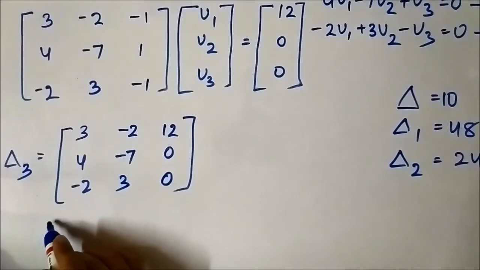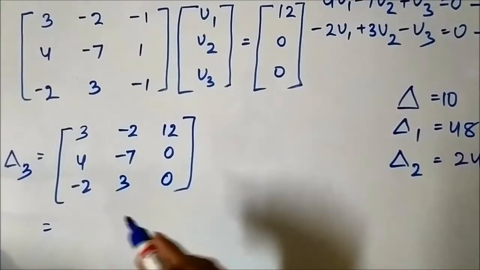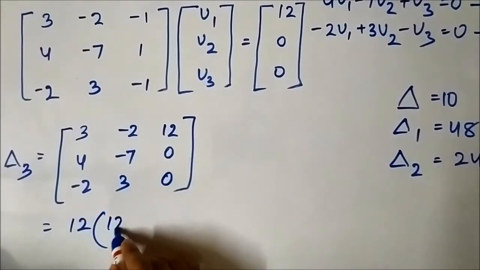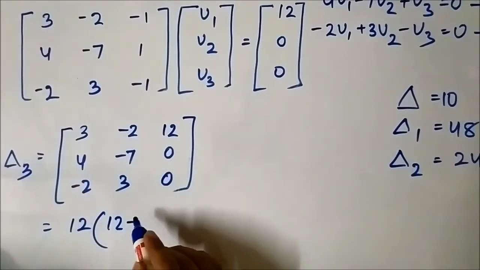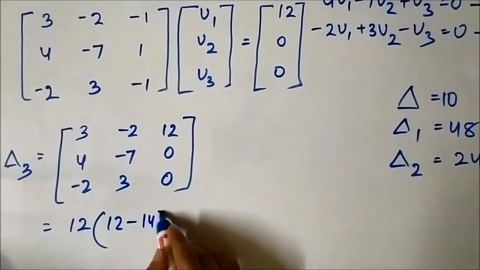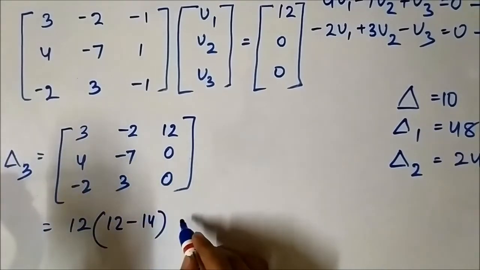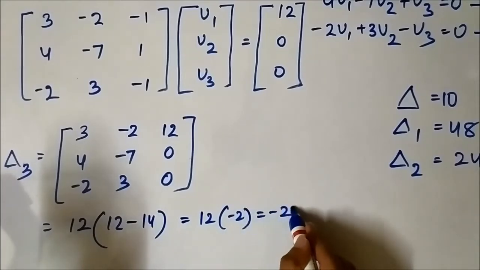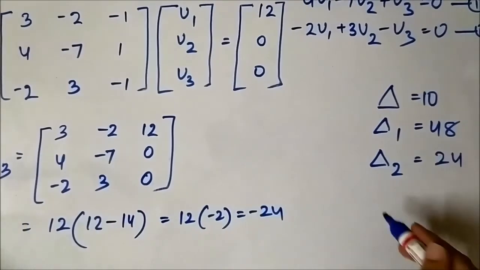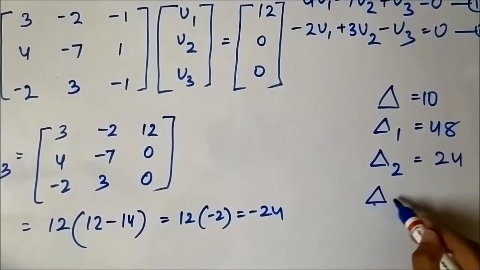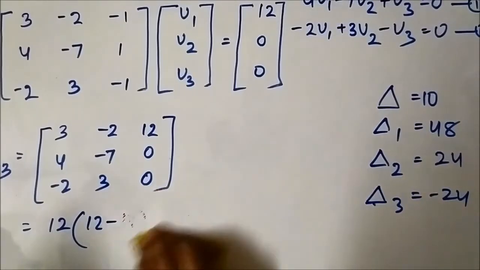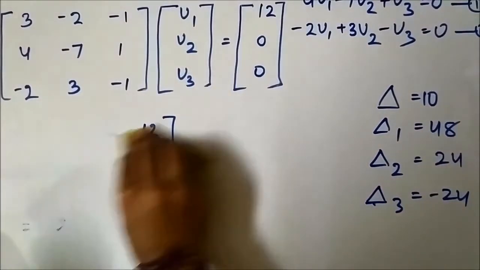Again, if we go by this column, it will be 12 into 12 minus 14. This is 12 into minus 2, which is equal to minus 24. So del 3 is minus 24. Now we have got all the values, and now we can easily calculate V1, V2 and V3.